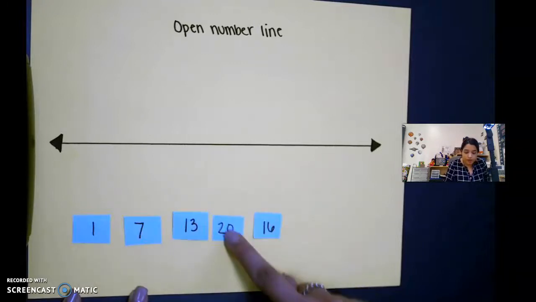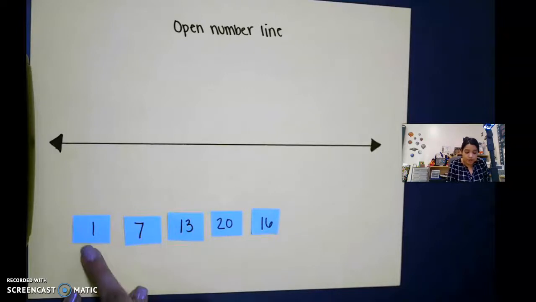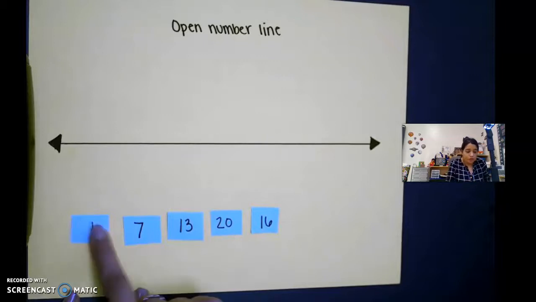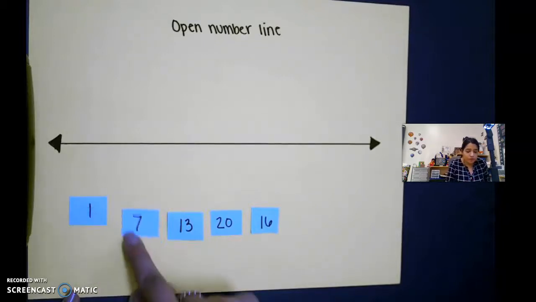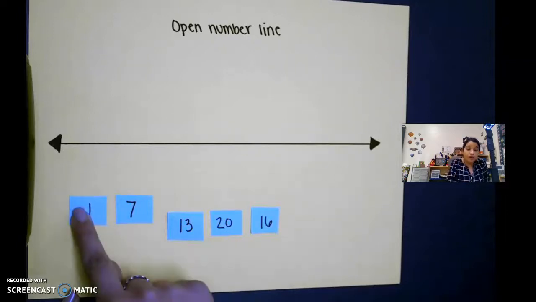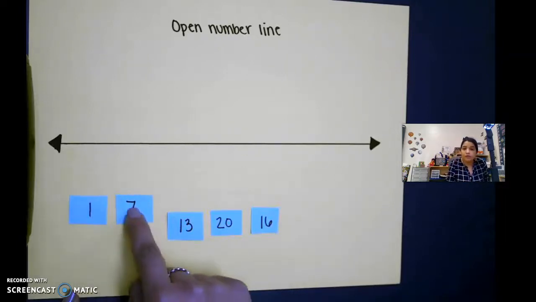So I know that since they are one digit, they are smaller than these two-digit numbers. So which one comes first? We can think about when we're counting, do we say 1 first or 7 first? Is 1 smaller or 7 smaller? Which one comes first?